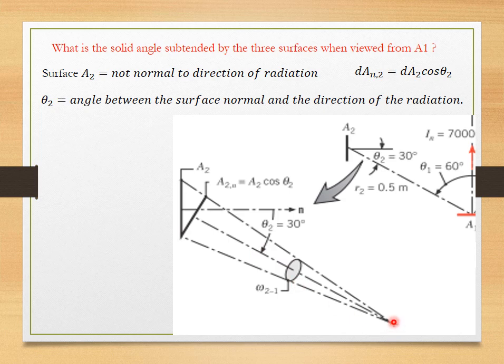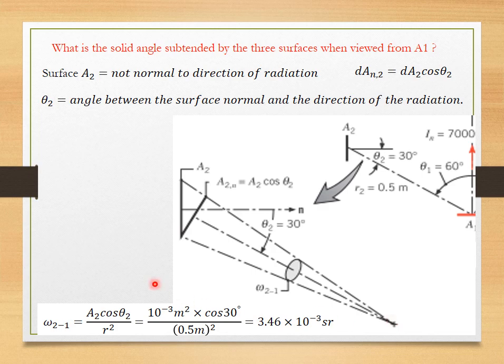Then we can put the value of the solid angle like this: omega 2 to 1 equals A2 cos theta 2, which is 30 degrees, over R squared, which is this value, and finally we get 3.46 times 10 power negative 3 steradian. So that's the solid angle omega from 2 to 1.